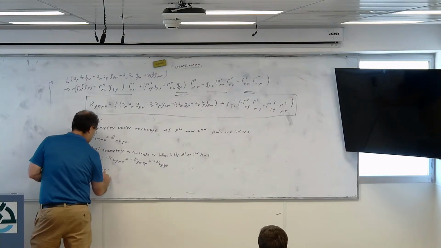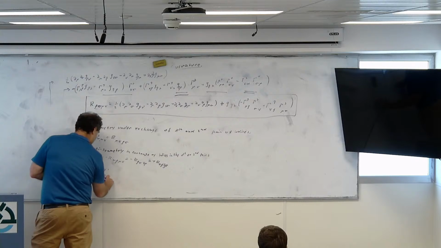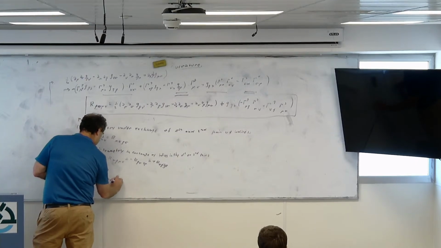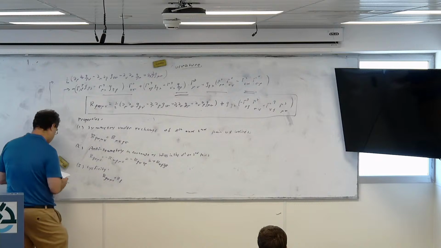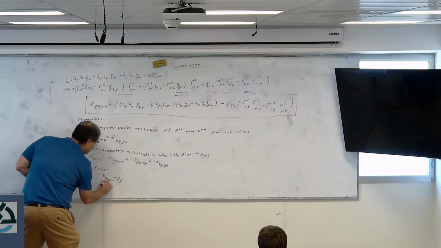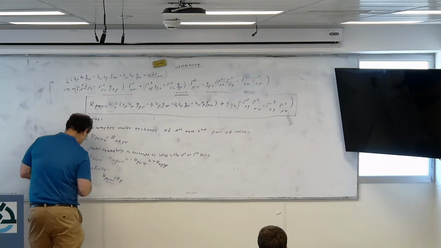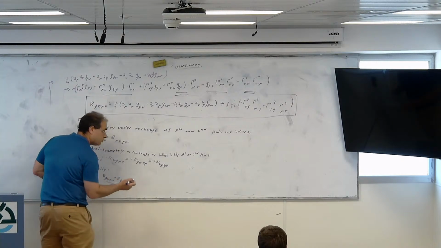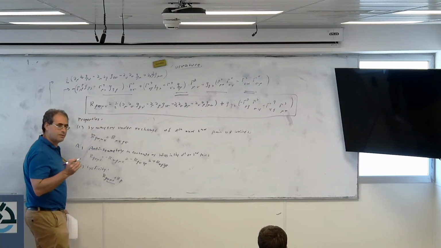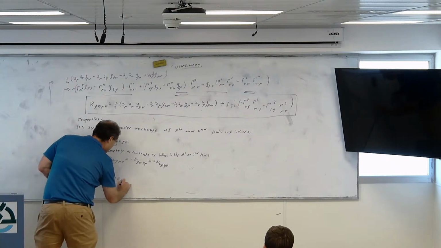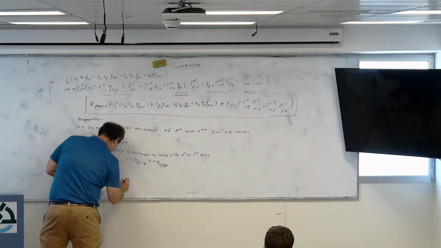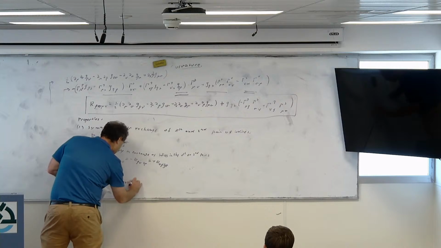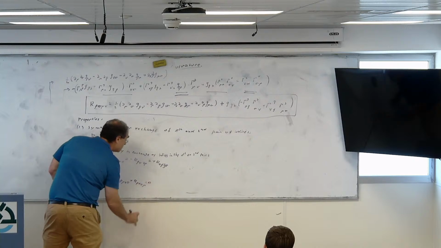Which means that there is an R rho sigma mu nu plus R rho cyclicity in the last three terms. Do you know what is cyclicity? No. Let me just write it down. R rho sigma mu nu plus R rho mu sigma nu plus R rho nu mu sigma is equal to 0.